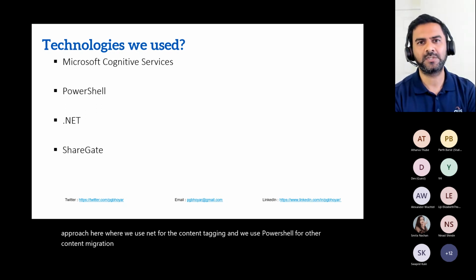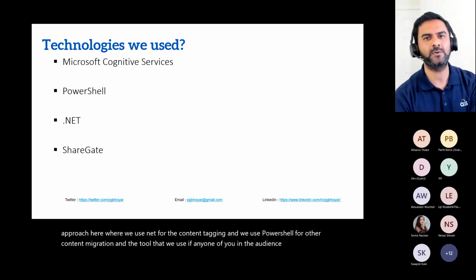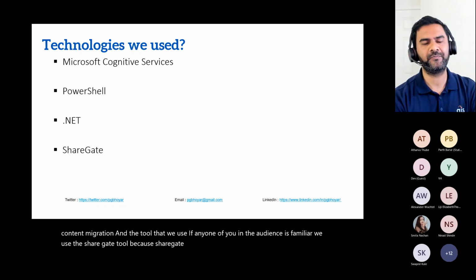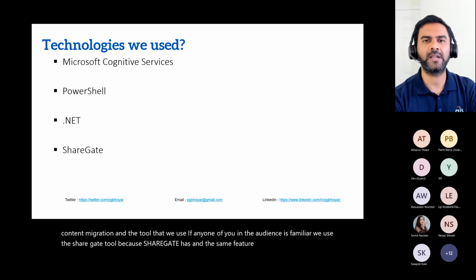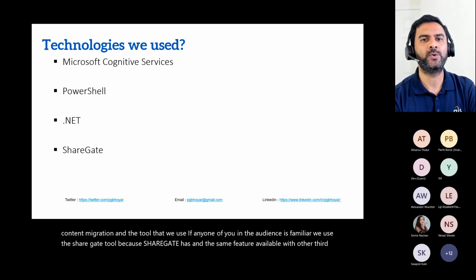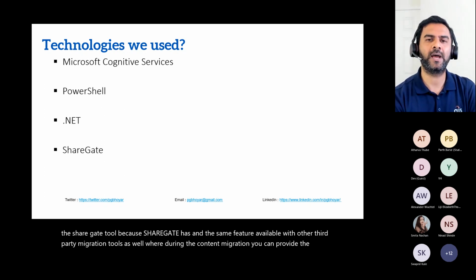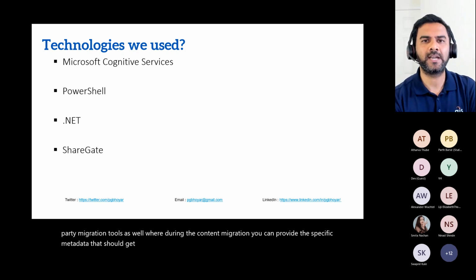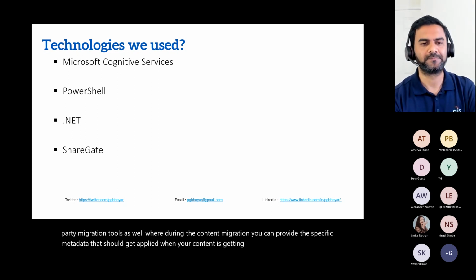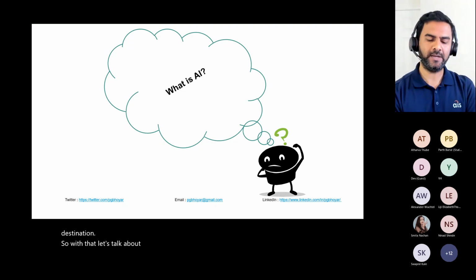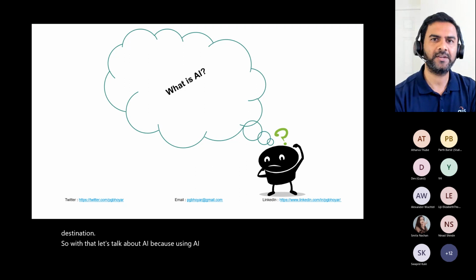And the tool that we use, if any of you in the audience is familiar, is ShareGate, because ShareGate has the same feature available with other third-party migration tools as well, where during the content migration, you can provide the specific metadata that should get applied when your content is getting migrated to your destination.